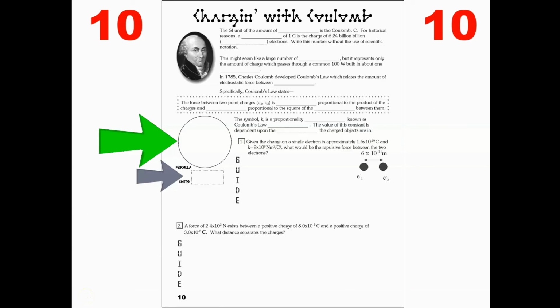Learning the law, you were thinking about the amount of charge, the distance between charges, and how those things affected the amount of electrostatic force, the amount of force that those charges can exert on objects.